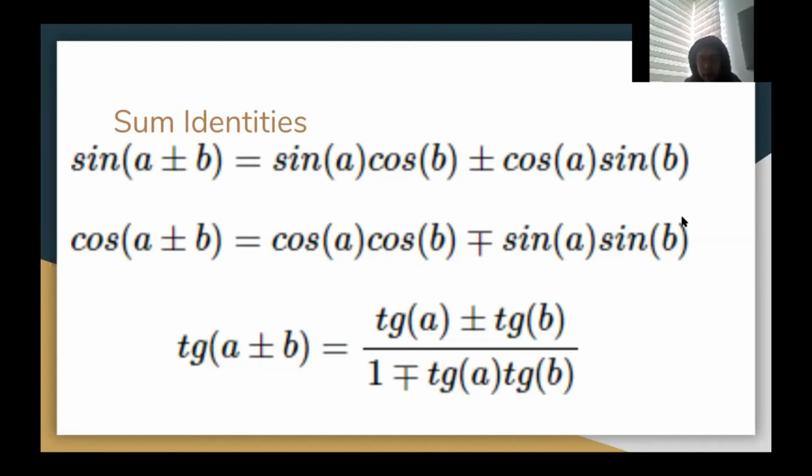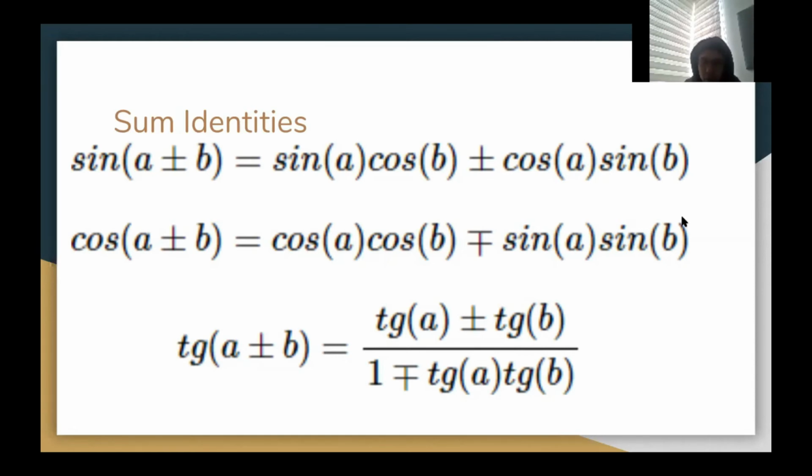Now the cosine of a plus or minus b is equal to cosine of a multiplied by cosine of b, minus or plus sine of a multiplied by sine of b. The last one, the tangent of a plus or minus b, is equal to tangent of a plus or minus tangent of b, divided by 1 minus or plus tangent of a multiplied by tangent of b.